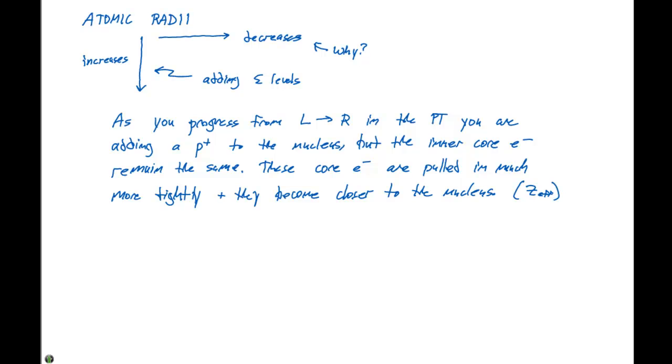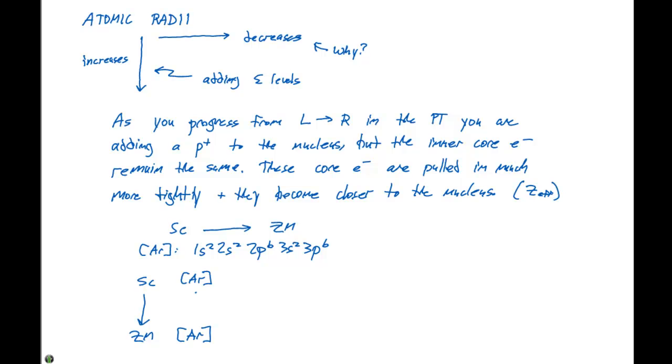So if we progress from, say, scandium to zinc in the periodic table, each of these guys has the argon noble gas core, which is 1s2, 2s2, 2p6, 3s2, 3p6. So as we progress from scandium to zinc, each of these elements in this series is going to have the argon noble gas core.